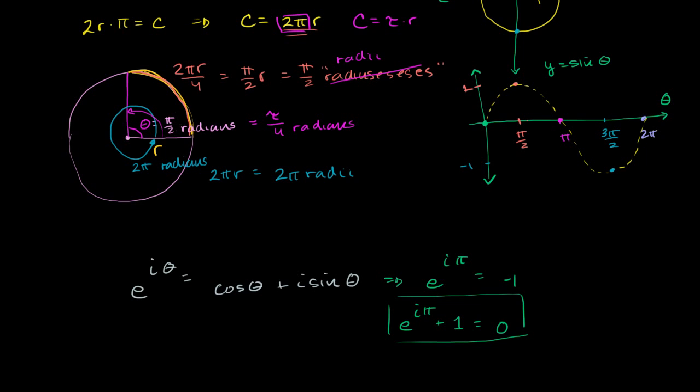So the reason why tau is more intuitive here is because you don't have to do this weird conversion where you're saying, oh, divide by 2, multiply by 2, all of that. You're just like, look, however many radians in terms of tau, that's really how many revolutions you've gone around the circle. And so if you've gone 1/4 around, that's tau over 4 radians. If you've gone halfway around, that'd be tau over 2 radians. If you go 3/4 around, that'd be 3 tau over 4 radians.